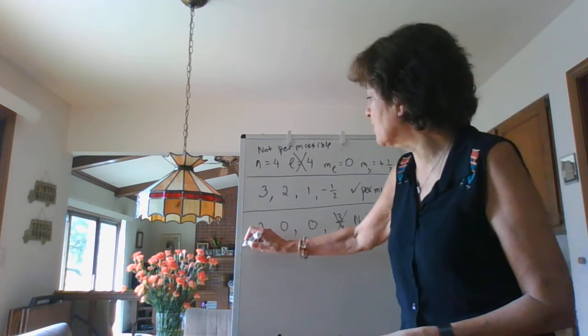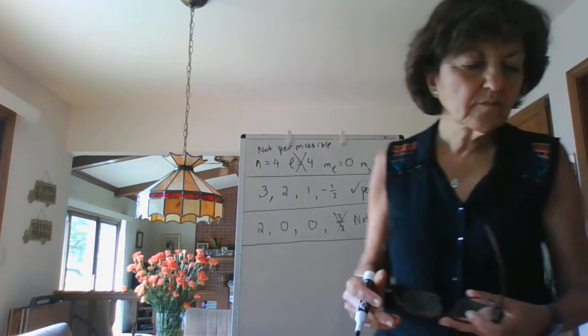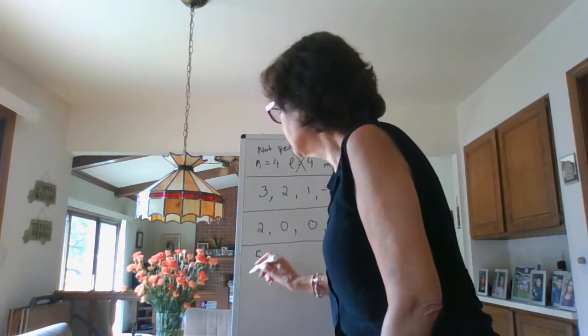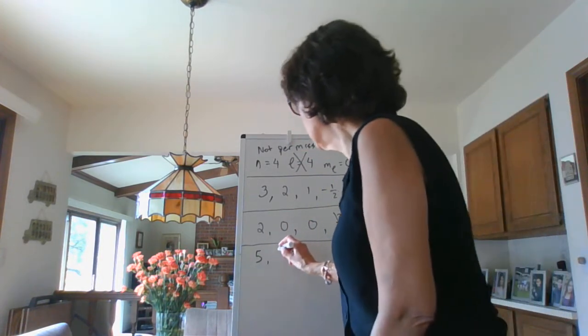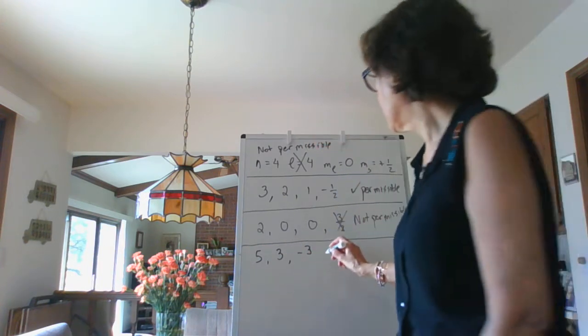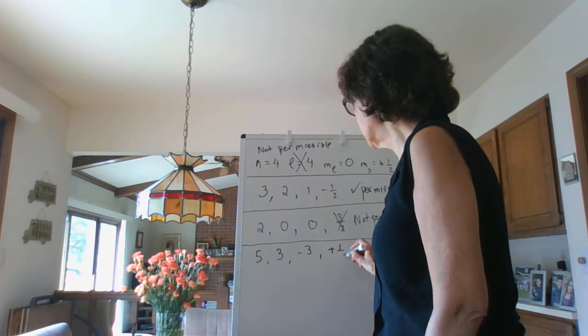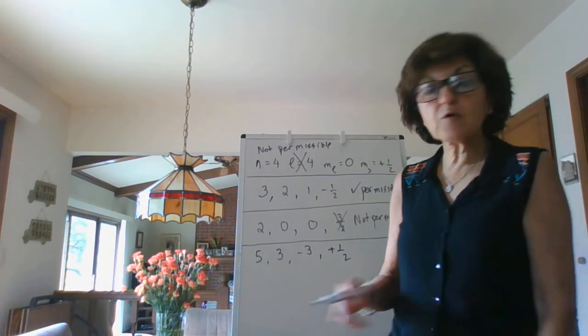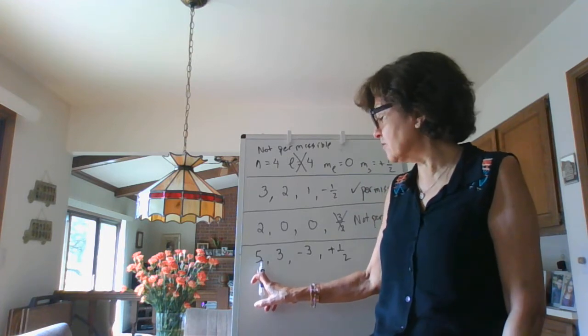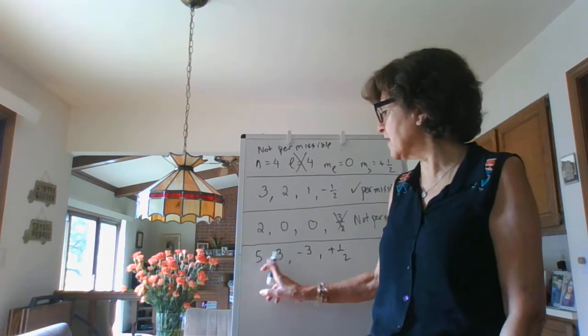Okay, let's try another one. Okay. 5, 3, minus 3, and plus 1/2. Okay, principal quantum number, 5. Yep, anywhere from 1 to infinity is fine.